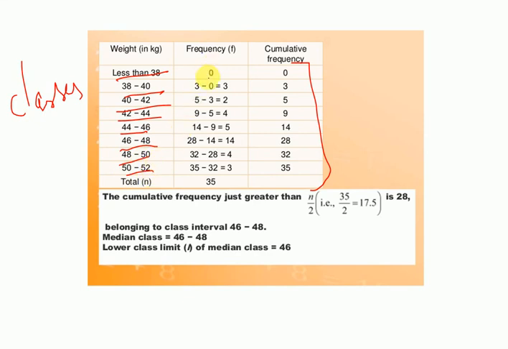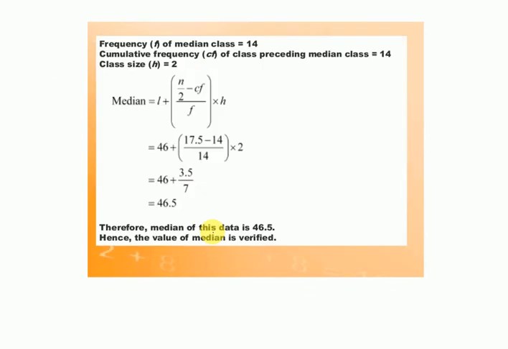And the frequency they found by subtracting the first from the second, the second from the third, like this, and you find all the frequencies, which were given in our question. Now you have to find the median class, the L, and all the values. After putting in all the values, 46.75 minus 14 upon 14 by 2, you will get 46.5.